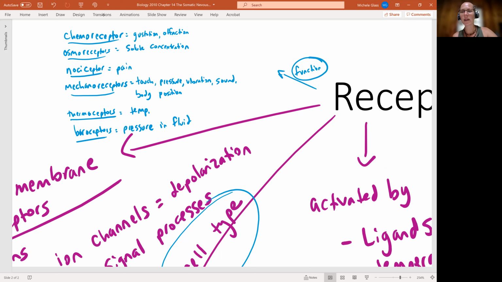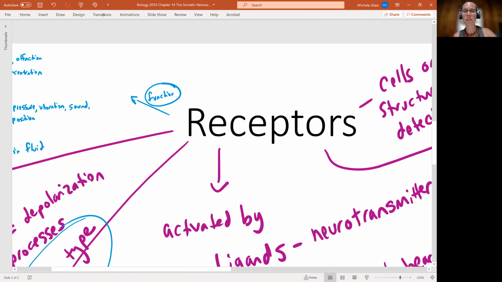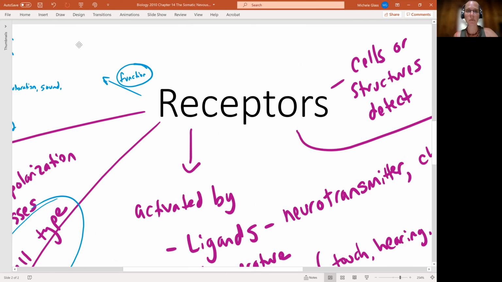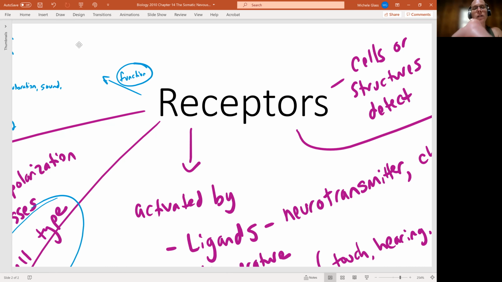Let's go back here and mention some specific receptors that we've talked about in previous lectures. We've talked about Merkel cells. These are all things we talked about when we did our integumentary system. Merkel cells are going to be involved in detecting vibration and touch. We have the Pacinian corpuscle, which is going to be involved in detecting vibration also.